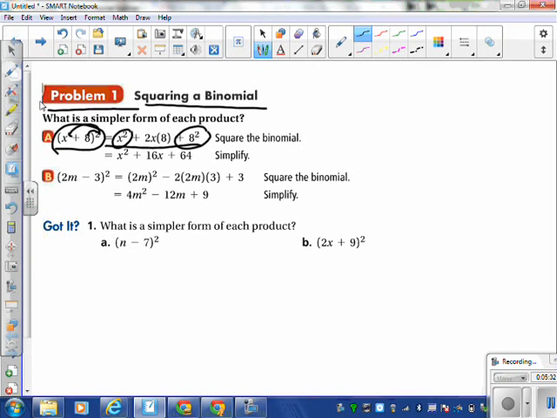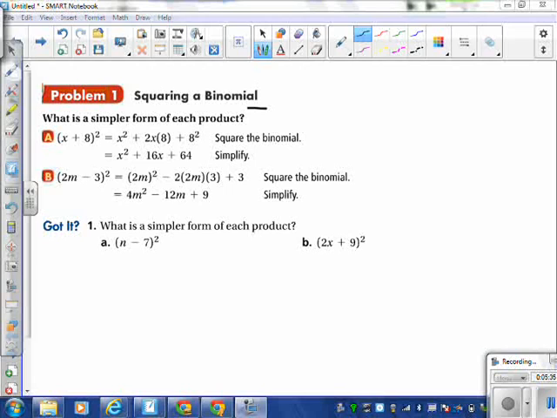And then I took this 2 on the outside and put it with each one of those numbers and get 2x8. So I'm left with x squared. This multiplies together, gives me 16x. 8 squared gives me 64.